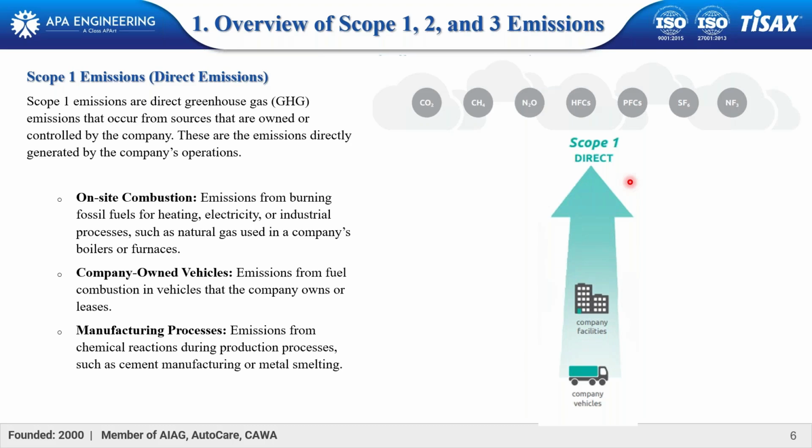These emissions are directly generated by the company's operations. Examples include on-site combustion, the emissions from burning fossil fuels like natural gas in boilers or furnaces; company-owned vehicles, the emissions from fuel combustion in company-owned or leased vehicles, or vehicles under the direct control of the reporting company; and manufacturing processes, the emissions from chemical reactions during production, for example, cement manufacturing or metal smelting. These are the emissions that the company has the most control over and can directly measure.